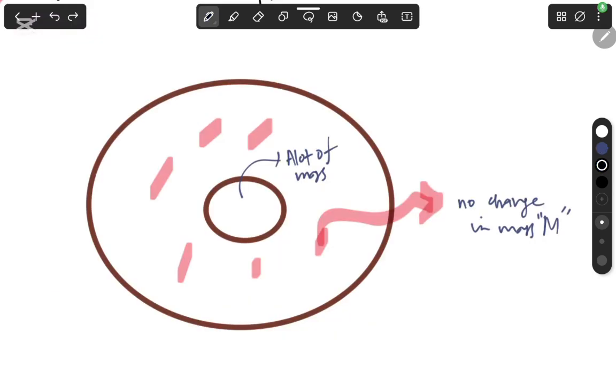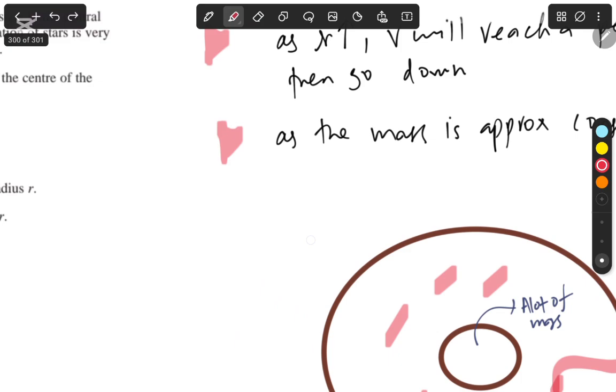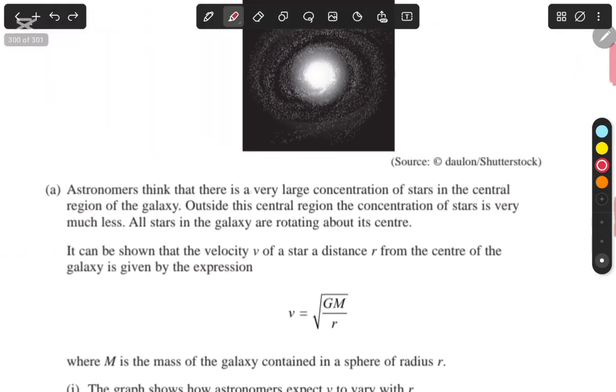This is quite simple, they have given it to you in the question. Astronomers think there's a very large concentration of stars in the central region of the galaxy. Outside the central region, the concentration of stars is much less.